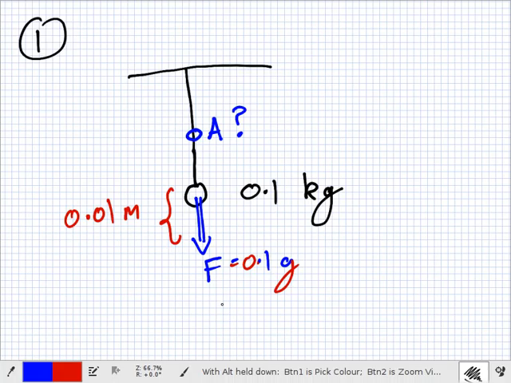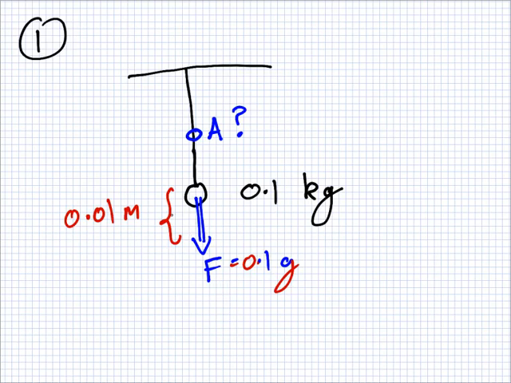Okay, so we can use the formula. Young's modulus is stress over strain. We know the Young's modulus for rubber. Can you tell me what it is for rubber? 0.1 times 10 to the power of 9.